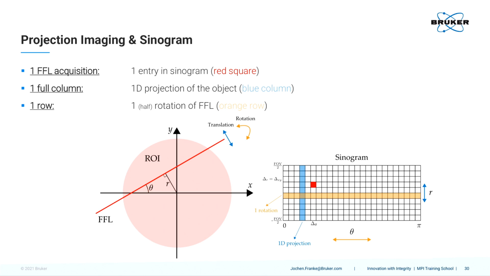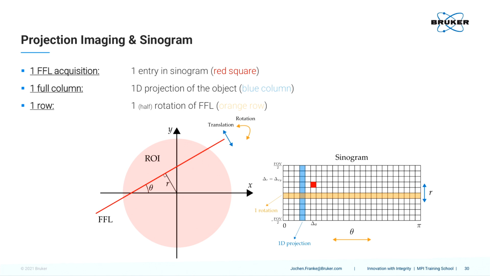So now this is the sinogram which needs to be filled. The red square is just a single measurement, one drive-field cycle for a given point in space, so for this position of the FFL at a specific angle. Now if we have the full translation over the entire field of view, we will measure this blue column.